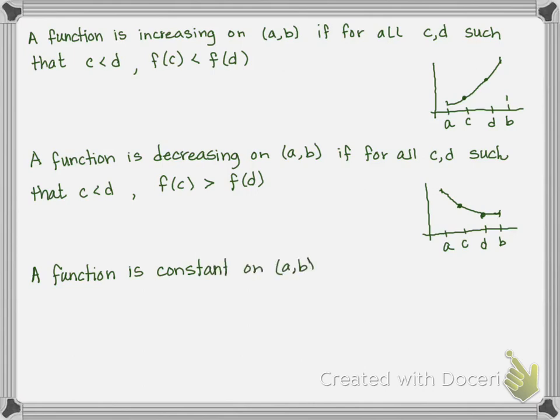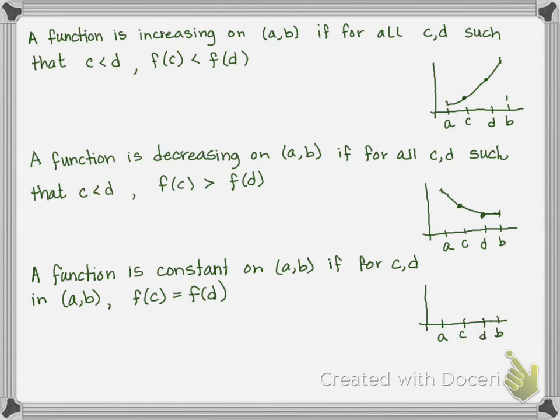between A and B if for all C and D in between A and B, the y value at C is equal to the y value at D. So from A to B, any 2 points that you pick will have the same y value.